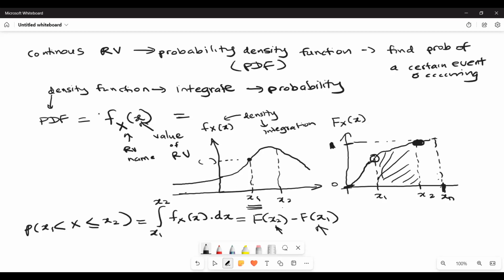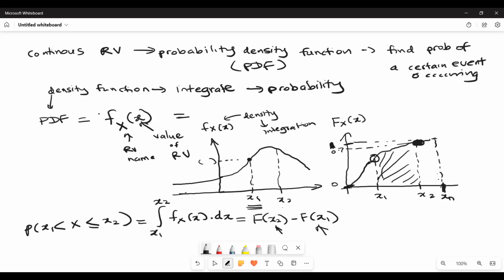Between these two outcomes, the probability of getting a value we can find using this area. So we just need to subtract these two values in the cumulative distribution function. Here, we don't find the integration. We just find the corresponding values of these 2 points.